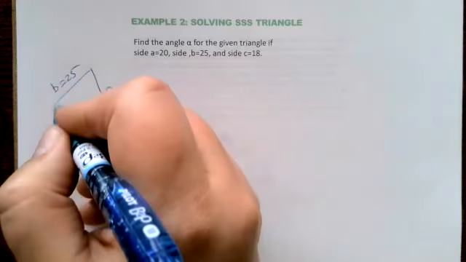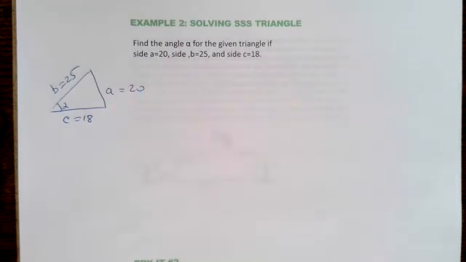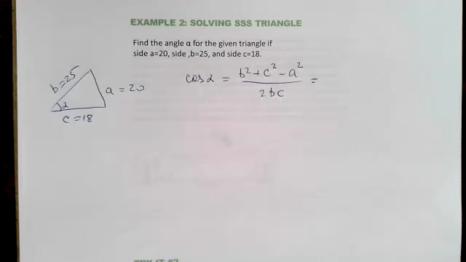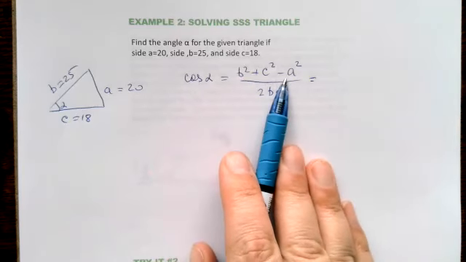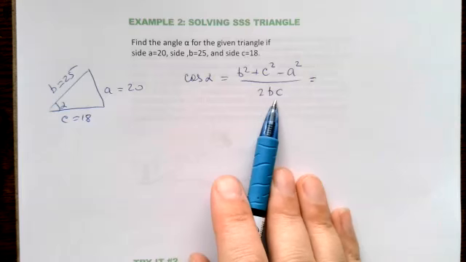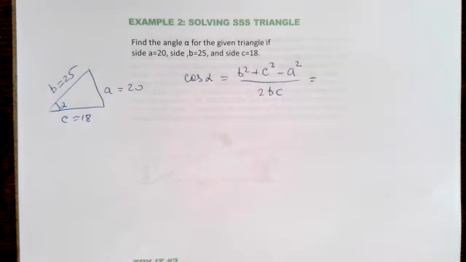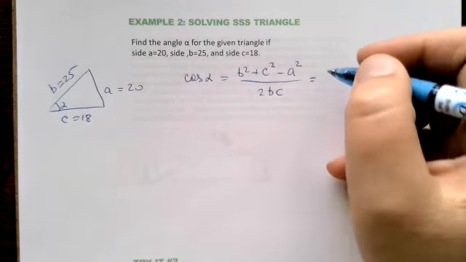Alpha is across from side A. So this is what we're doing. We are going to use our law of cosines. Similar to our previous problem, cosine alpha equals B squared plus C squared minus A squared divided by 2 times BC. And let's plug in the values.